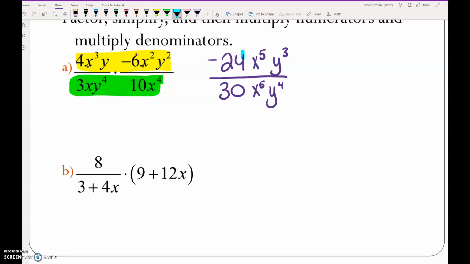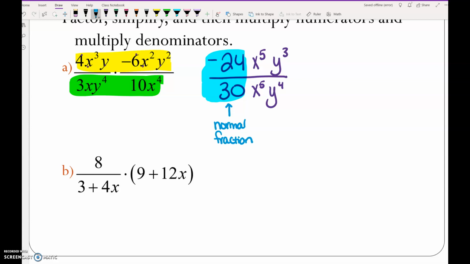The most common mistake I see in the next part is simplifying this fraction. Some people try to use properties of exponents to simplify this fraction, and I want you to note that this is a normal fraction. If you were going to put this in your calculator, it is negative 24 divided by 30. Simplify that fraction.